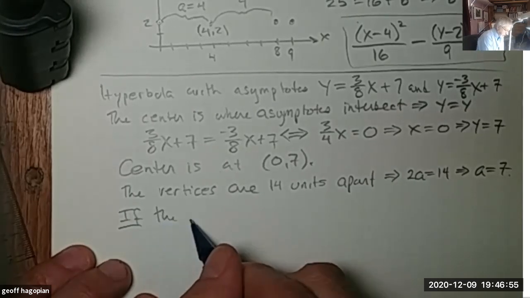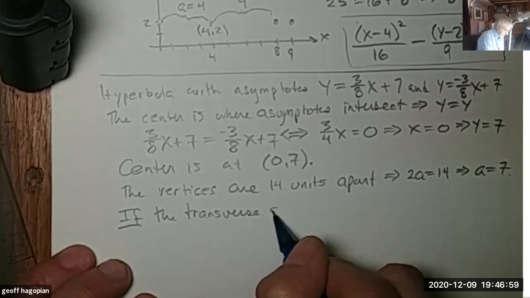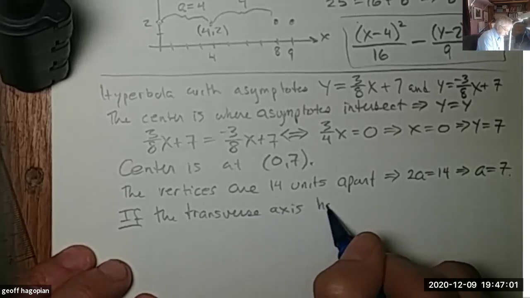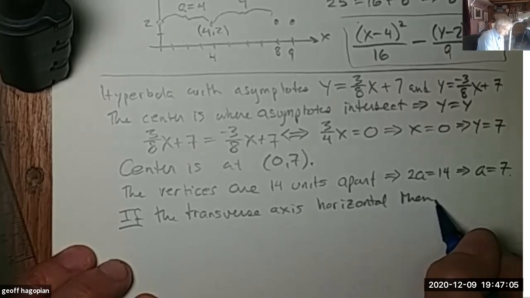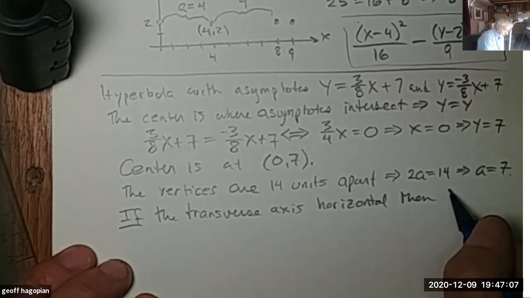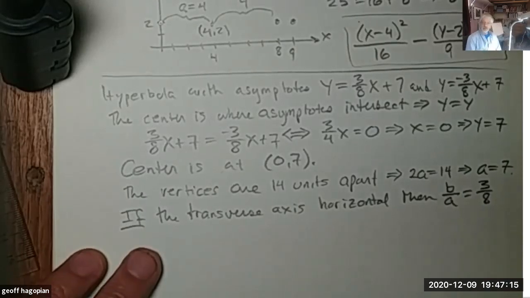If the transverse axis is horizontal, then the b goes with y, and b over a is equal to 3/8, the slope of the asymptote.